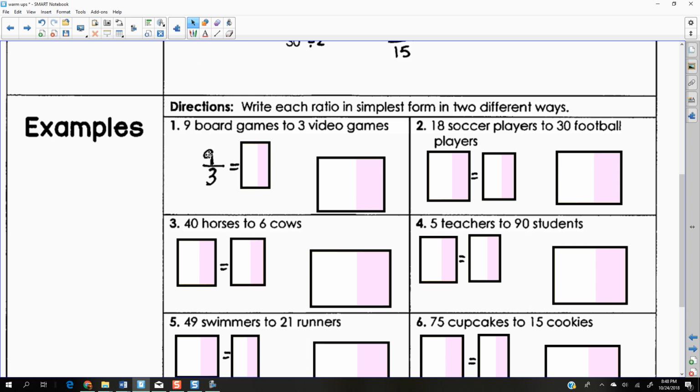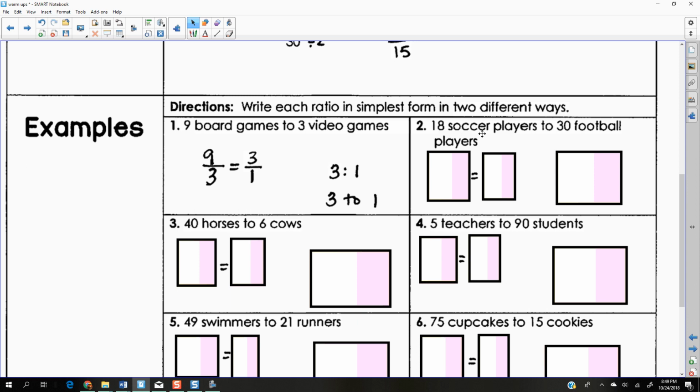So when we divide 9 by 3 and 3 by 3, we get 3 over 1, or 3 to 1. So when we reduce 9 board games to 3 video games, it's the same thing as saying 3 board games to 1. So 3 to 1.